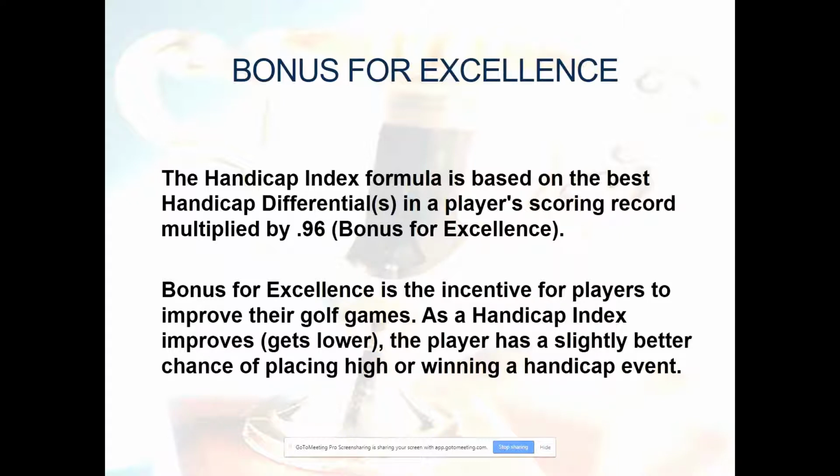If you are a lower handicapper, that 0.96 is not going to have much of an effect on your handicap index. If you're a higher handicapper, that 0.96 could be a whole stroke off your handicap index. So what the system is trying to do is provide you an incentive to get your index lower and lower as much as possible.